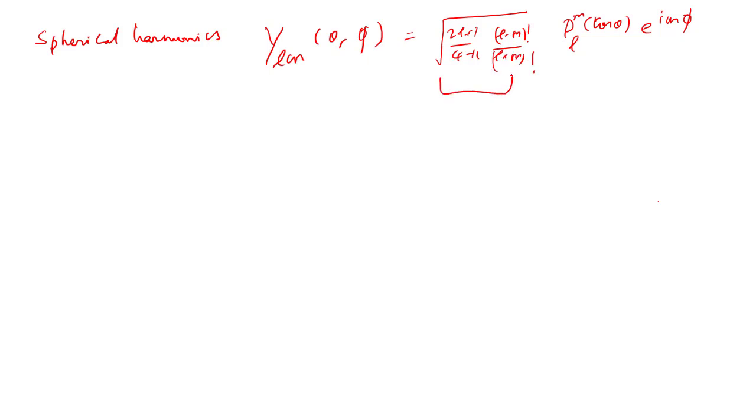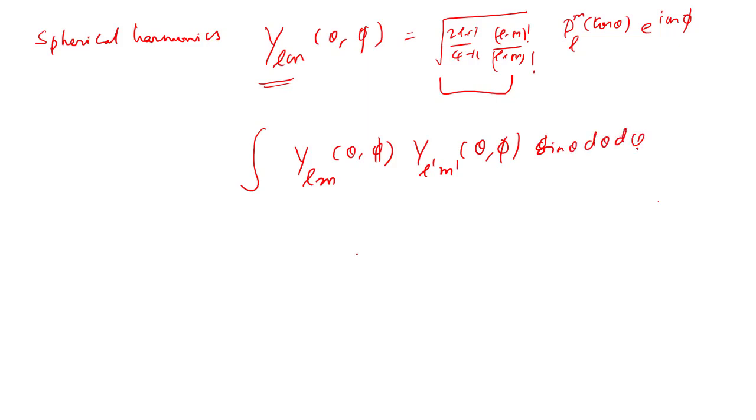And these factors were added so that when we write the orthogonality for spherical harmonics, that is, if I write Y_LM theta phi and Y_L prime m prime theta phi, sine theta d theta d phi, if I do that integral, then we would like to write that as delta_LL prime delta_MM prime.